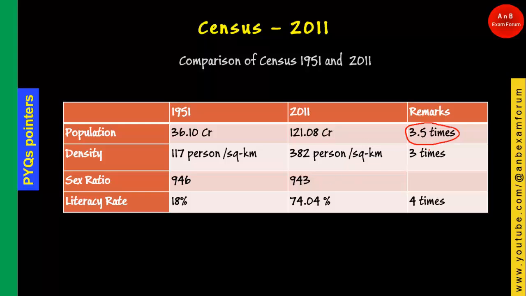If we see the density, it is almost 3 times, and the literacy rate has increased 4 times. These are very high-level questions. In 1951 we had a literacy rate of 18%, but by 2011 it increased 4 times, that is 74.04%.